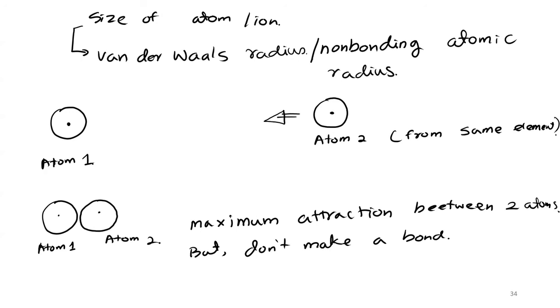So the key thing is that you have two atoms from the same element. You bring them closer until they have the maximum attraction, but they don't make a bond. In this kind of a situation, if you measure the distance between these two atoms, this D, and divide it by 2, half of that distance is what we call the van der Waals radius.